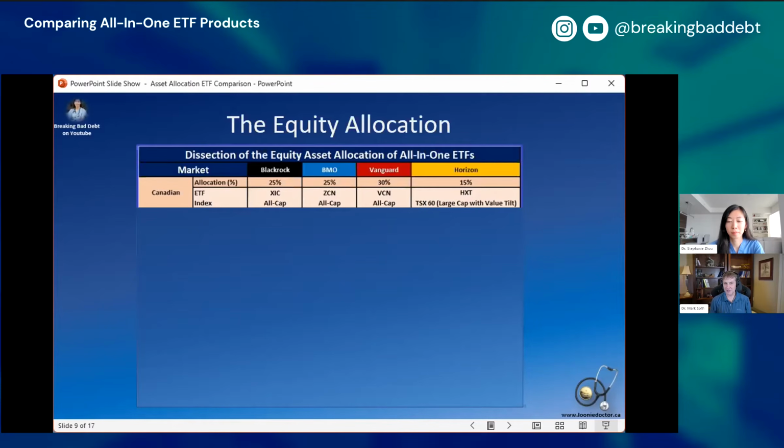And the other factor is the value factor. So value means that the company has a low price relative to its income stream and its assets, as opposed to growth, which means it has a very high price for the shares compared to its income stream and its assets.